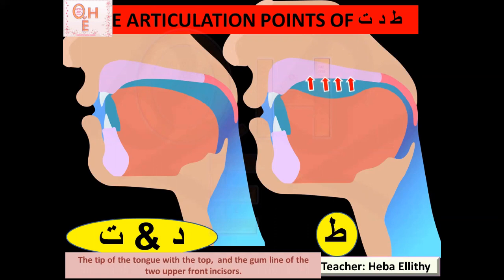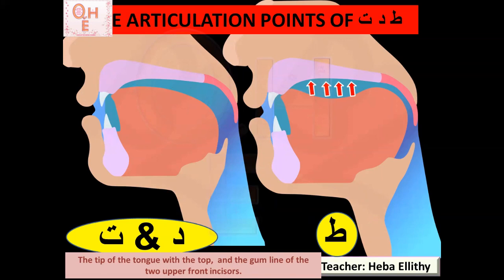مخرج الطاء والدال والتاء. Here we choose this example for the 3 letters. They come from exactly the same articulation point, which is طرف اللسان مع أصول الثنايا العليا, the tip of the tongue with the gum line of the upper teeth.